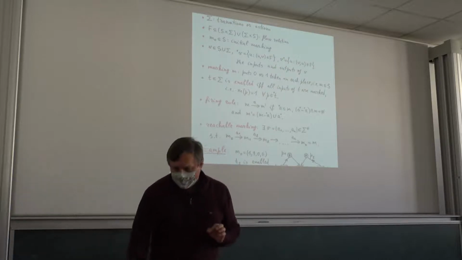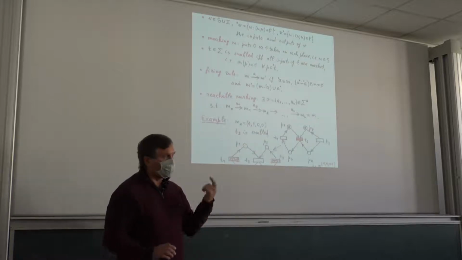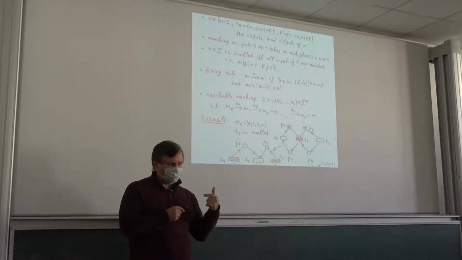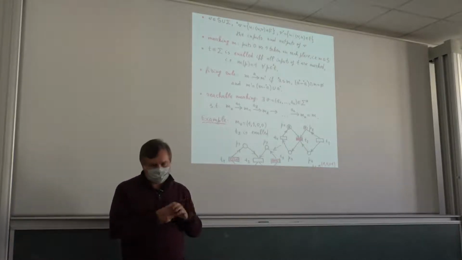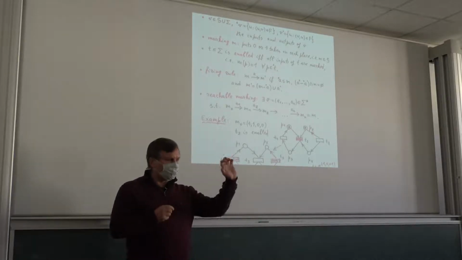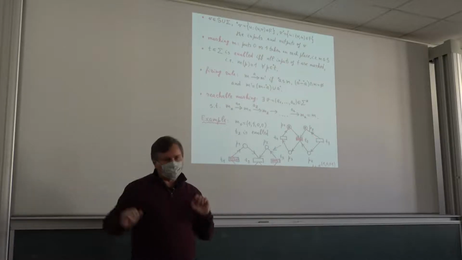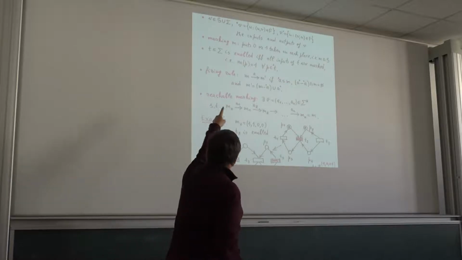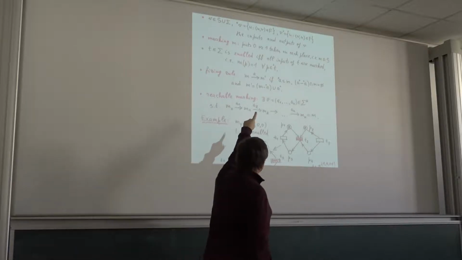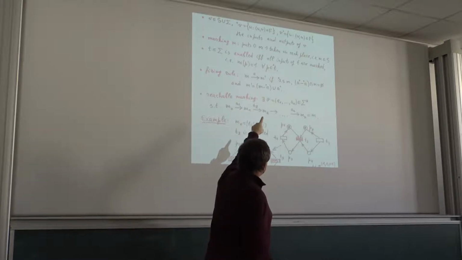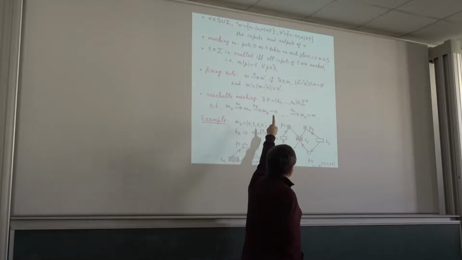And now a marking is reachable. A marking is reachable if you can activate a sequence of transitions and go from the initial marking to the given marking. And to fire, this is the important definition, the firing rule. You can fire transition A when you are in marking M, and you'll go to the marking M prime if the following conditions are satisfied.